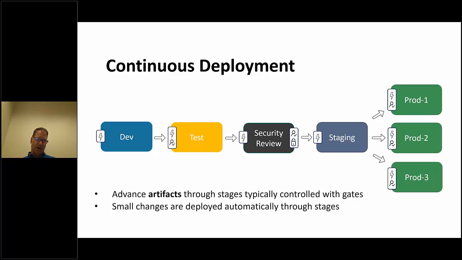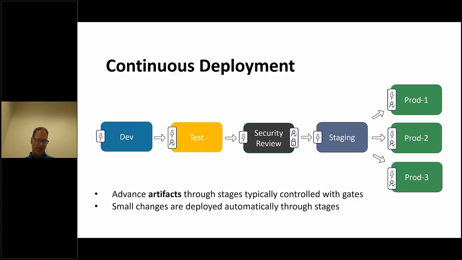We want to get those artifacts from a developer, data scientist, data practitioner, data engineer, whatever that data analytics person is, through a pipeline out into production as automatically as possible, as quickly as possible.